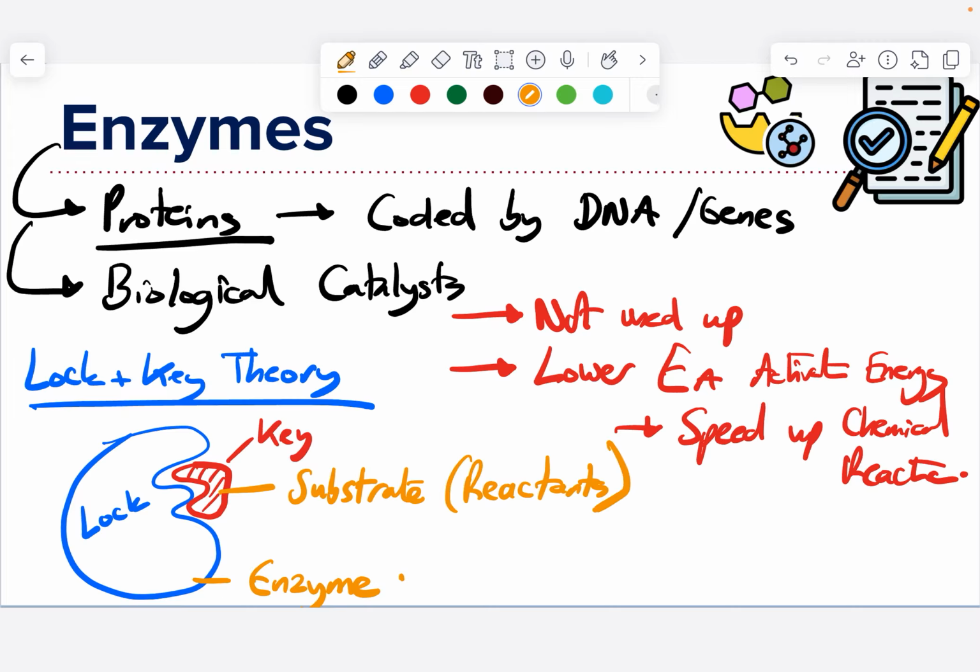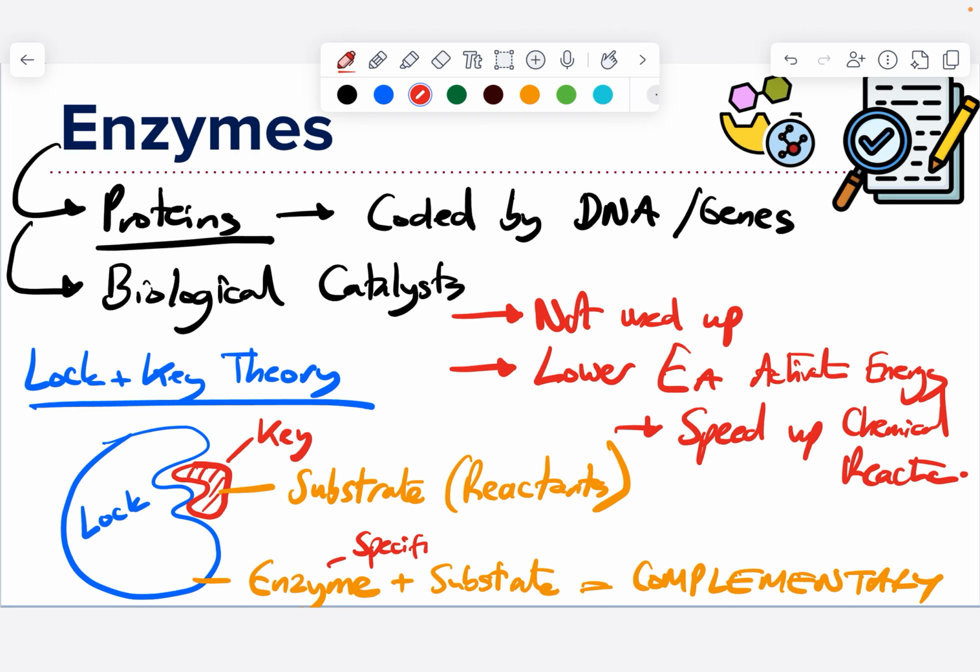So the enzyme and the substrate, we say, are complementary to each other, which basically means the enzyme is specific to a particular substrate.